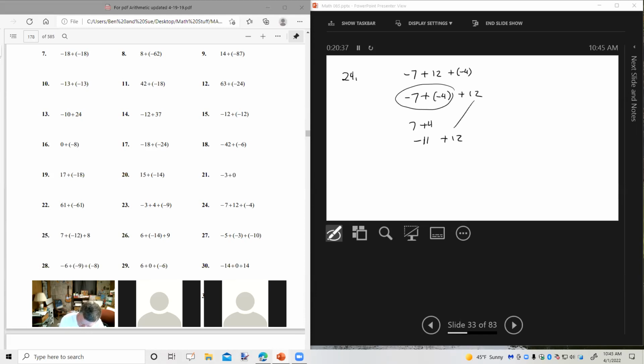And then we move on, bringing down the next term. Now we're adding 2 numbers with different signs. So we find the difference, and the sign of the number with the highest absolute value was positive. So the final answer is +1. I suppose you could write that as a positive one, but we tend not to do that. If there's no sign, it's assumed to be positive. Any questions about that?